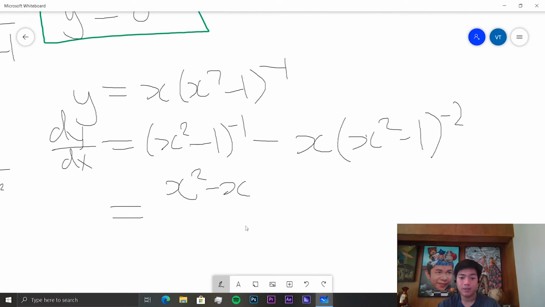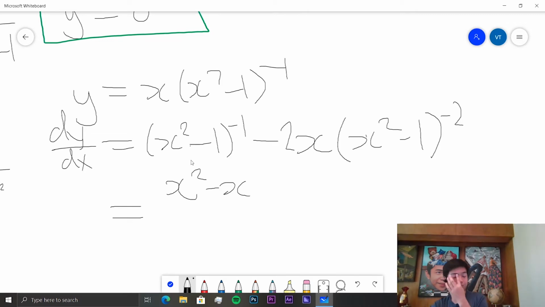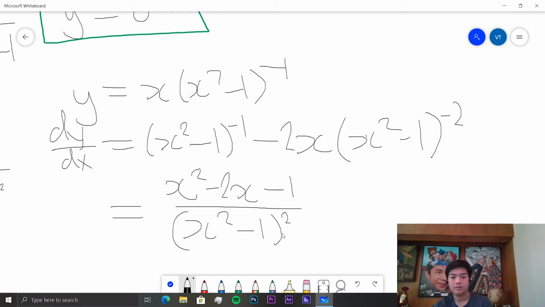In this case, this would be minus 2x, since we have to get the derivative inside the brackets. So this would be x squared minus 2x plus 1. No, minus 1, over x squared minus 1 squared.